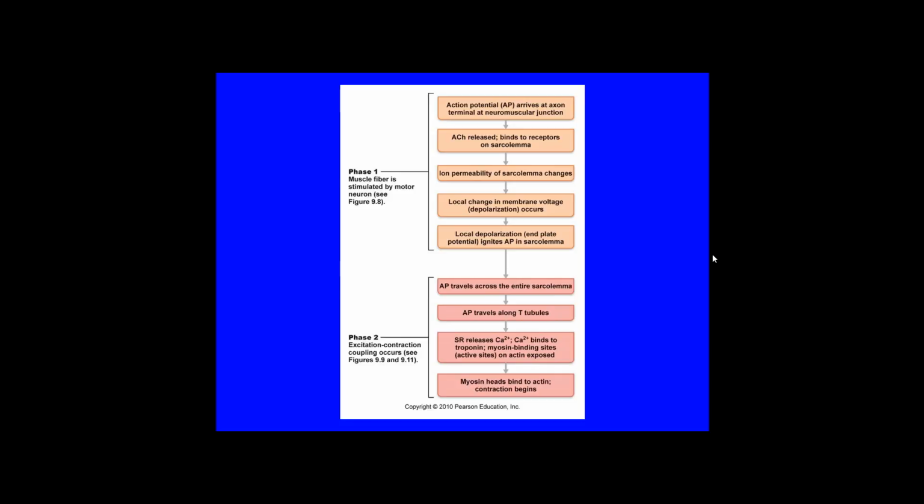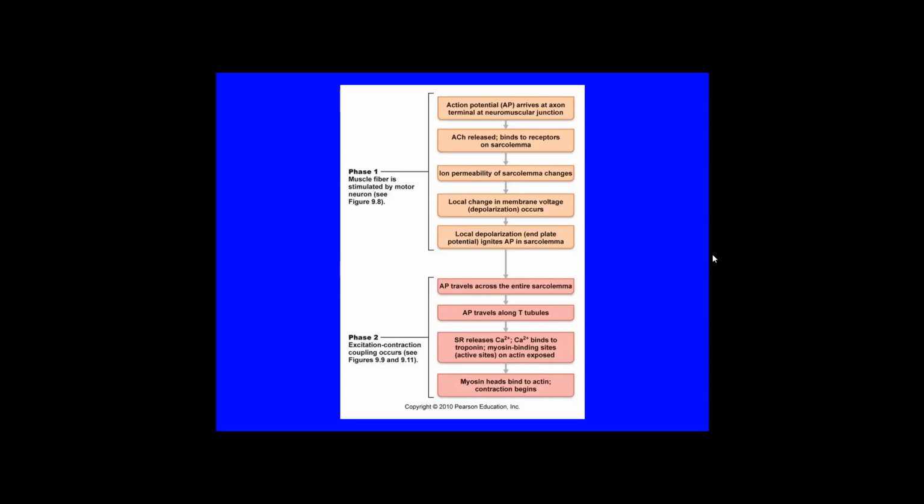And that continues, this depolarization travels a distance along. Eventually, it will go down into the T tubules. The depolarization, once it leaves its immediate site, which is the synapse, the site where the nerve terminal button meets with the sarcolemma.